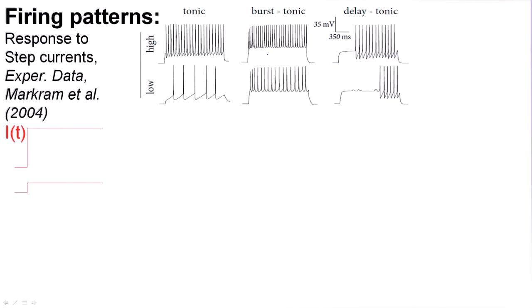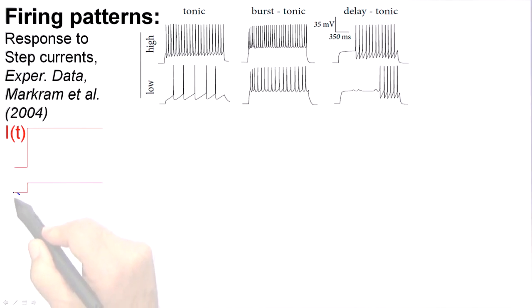Now, what is our aim? We introduced this adaptation variable, one adaptation variable, or possibly many adaptation variables, to account for adaptation, to account for different firing patterns. And I've shown already 2 of these firing patterns. And here are more of these.